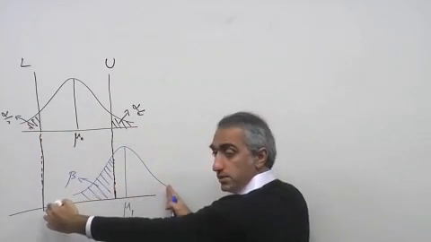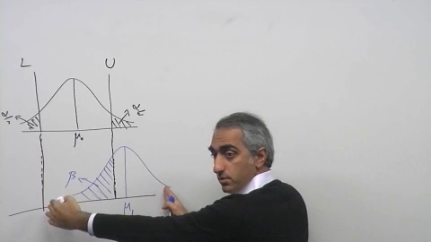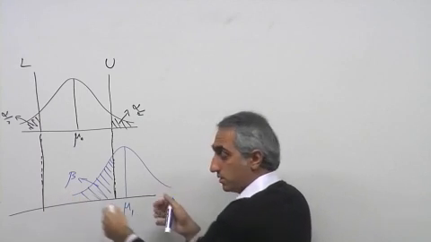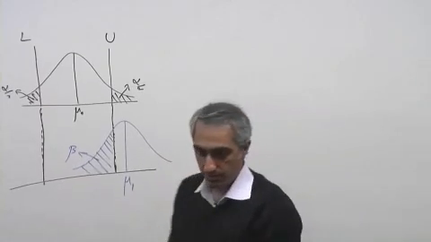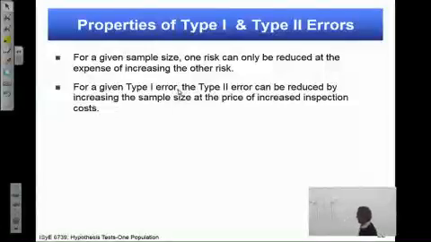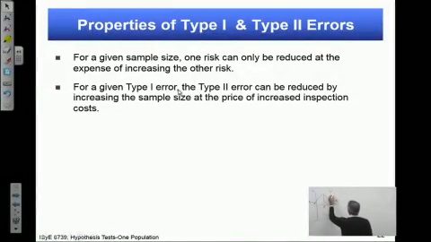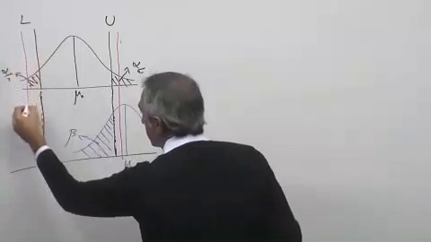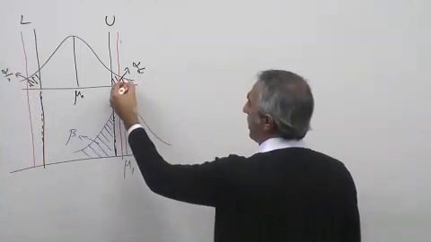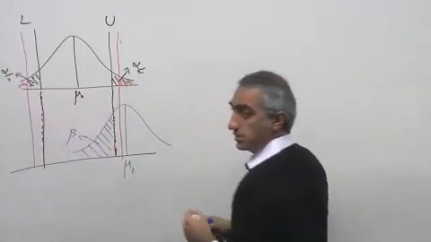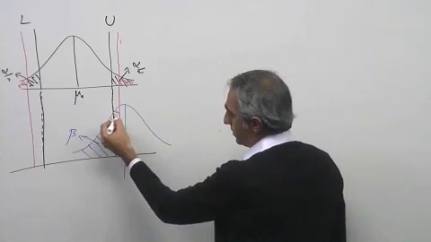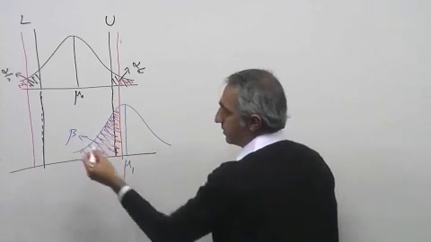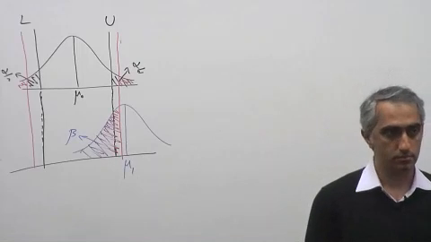When you widen the distance, beta also increases. So, for example, if I have this one and this one, you can see your alpha decreases, but your beta increases. That's the reason.